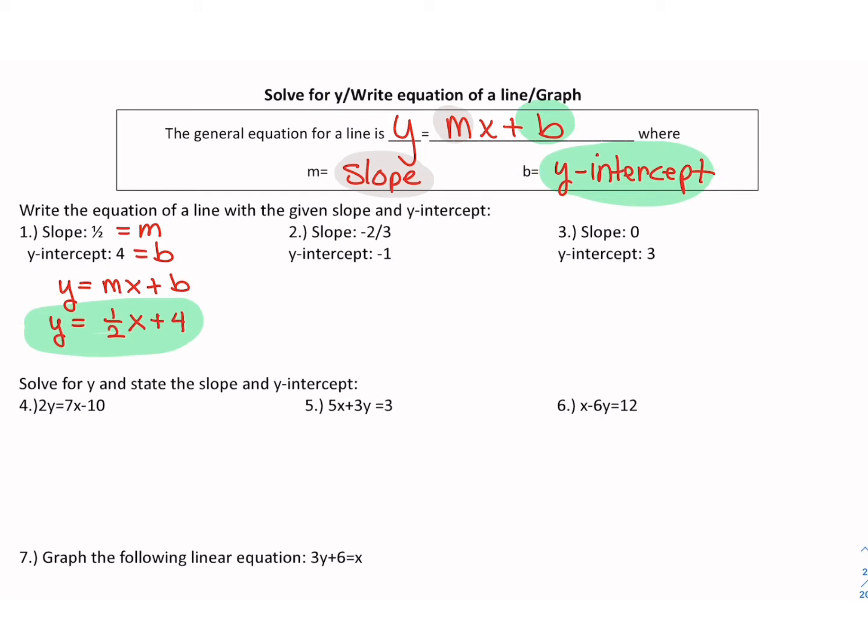Next, number 2, the slope is negative 2/3 and the y-intercept is negative 1. So the equation we're looking for is y equals negative 2/3 x minus 1.